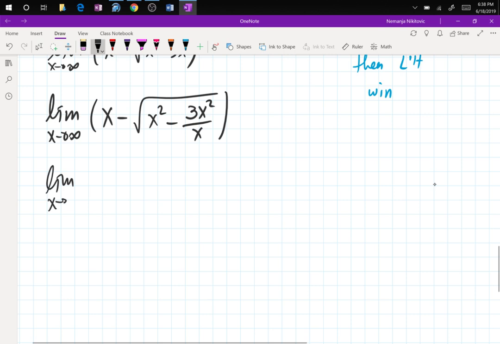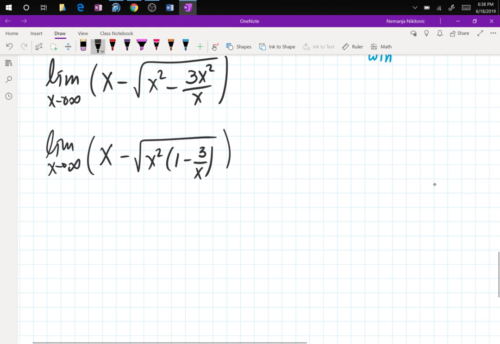So the limit as x goes to infinity of x minus the square root of x squared times (1 minus 3 over x). What I have done is I factored out x squared inside, and now that x squared is going to jump out in front of the root as x.